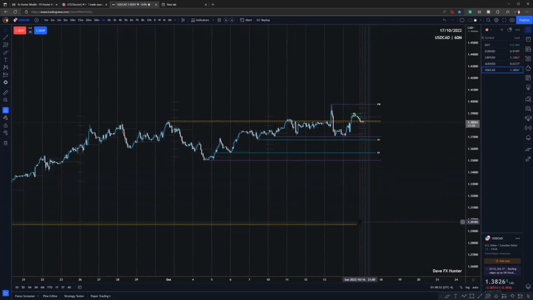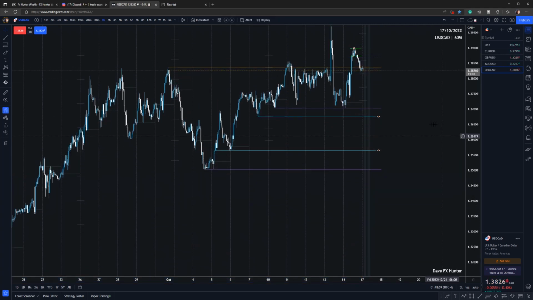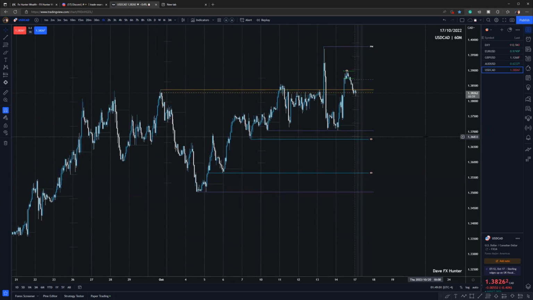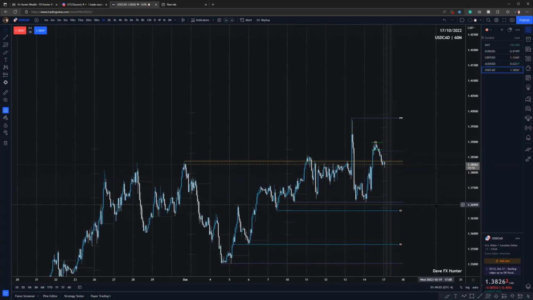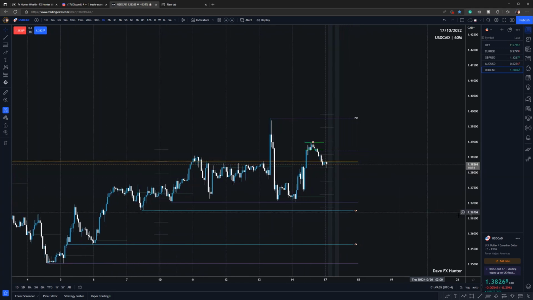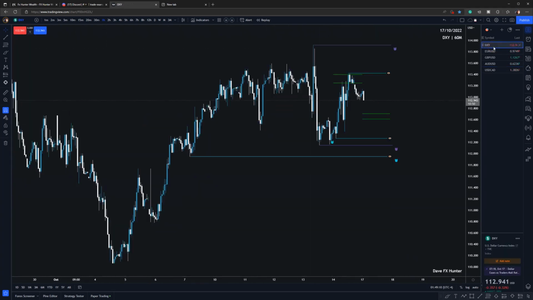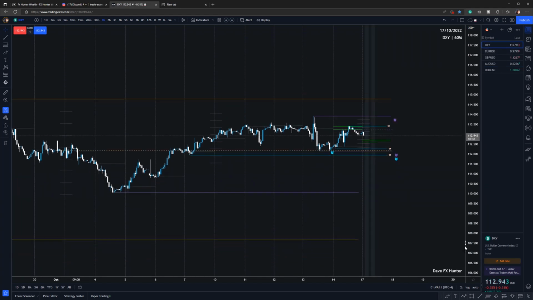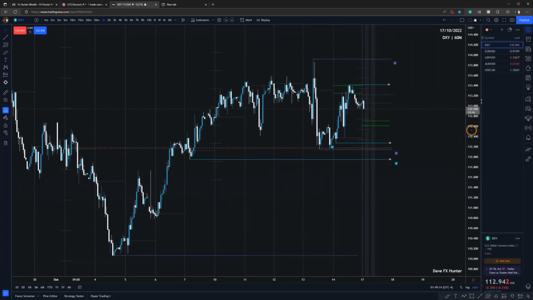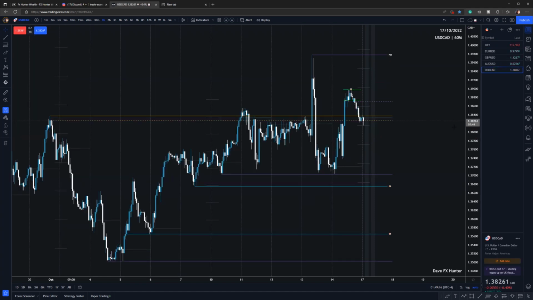Here is actually a previous year high, right? So price is in quite big, let's say, premium prices. So taking longs we should be aware of, but as the dollar index still has room to go higher, I believe that USD CAD can go higher as well.